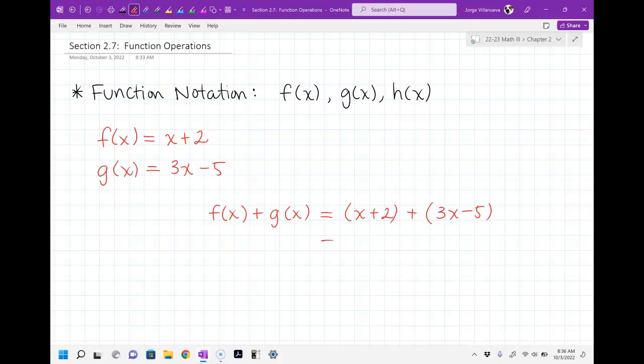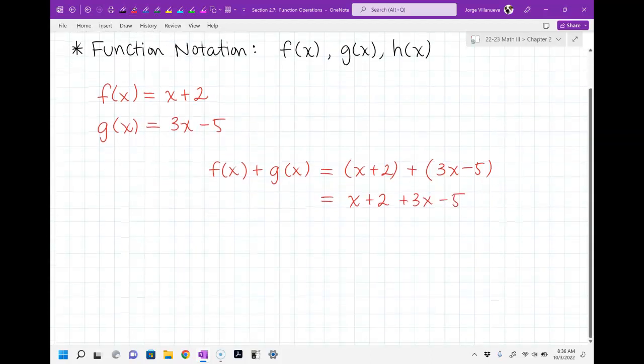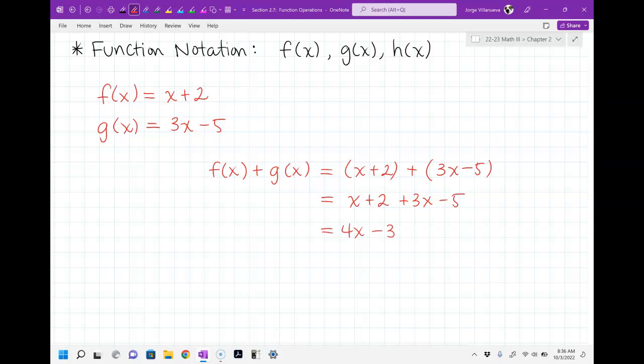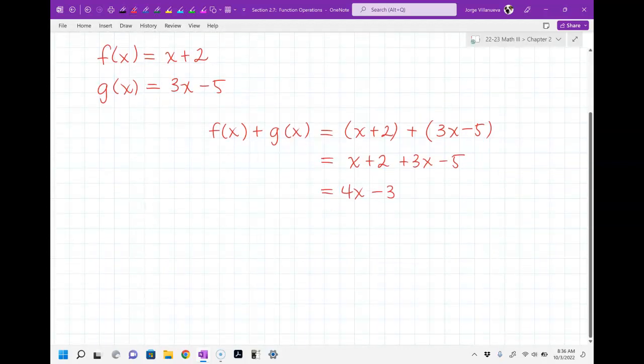Now if you want to get rid of the parentheses, it would be x plus 2 plus 3x minus 5. Notice the positive in front of the parenthesis doesn't change anything. Now just combine like terms and we get 4x minus 3. And I'm done. This is my answer. This is kind of what you're going to be doing on your homework today, just adding these things together.